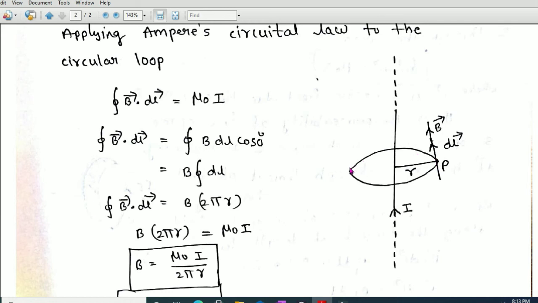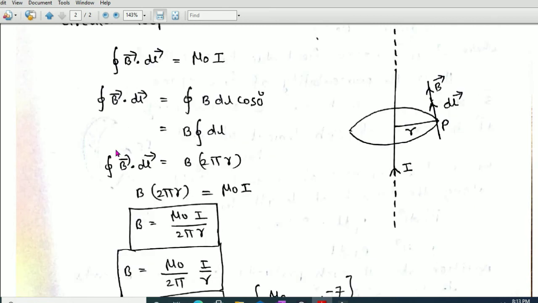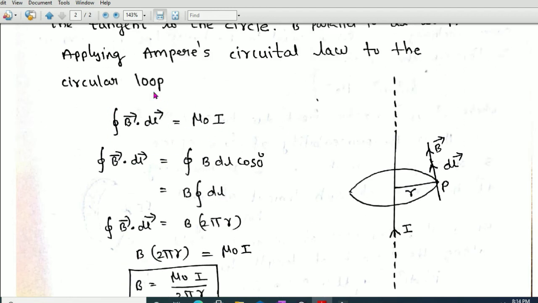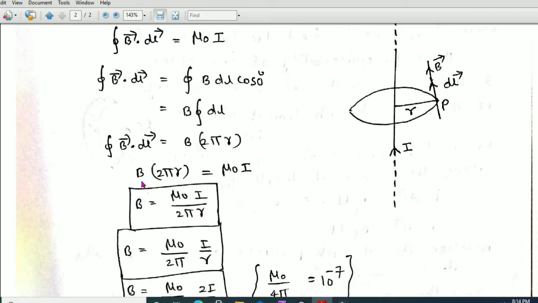The circumference of this circular curve is 2 pi r, so the integral of dl can be taken as 2 pi r. So the integral of B bar dot dl bar is equal to B into 2 pi r. According to Ampere circuital law, the integral of B bar dot dl bar is equal to mu naught into I. That is, B into 2 pi r is equal to mu naught into I.